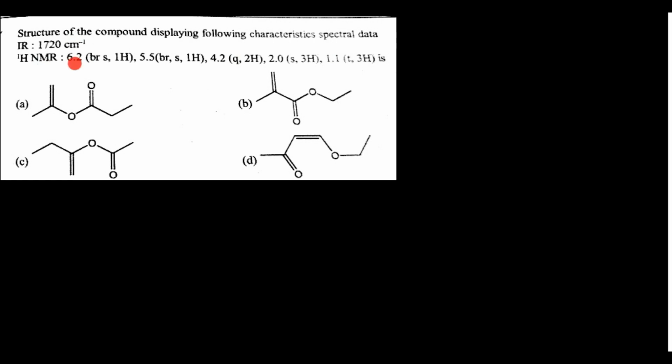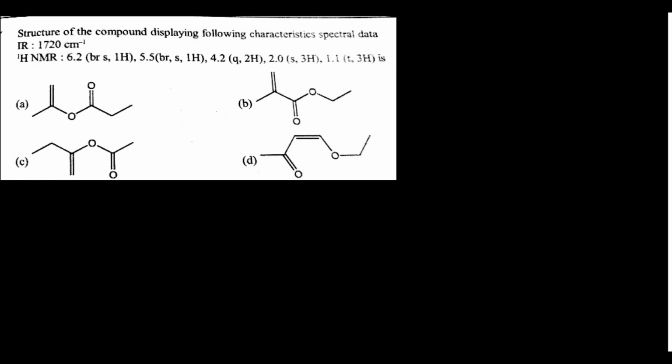First, you will get a one proton broad singlet at a chemical shift of 6.2, and then another signal at 5.5, which is again a broad singlet of one proton. Then at 4.2 you will get a 2 proton quartet, at 2.0 a 3 proton singlet, and at 1.1 a triplet corresponding to 3 protons. So how can we solve such problems?